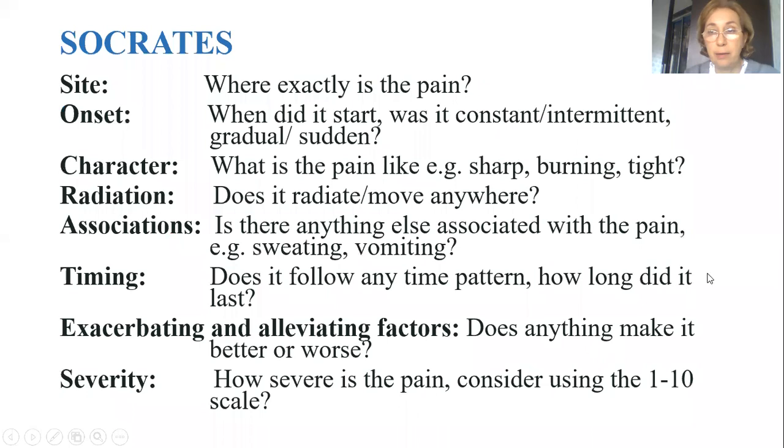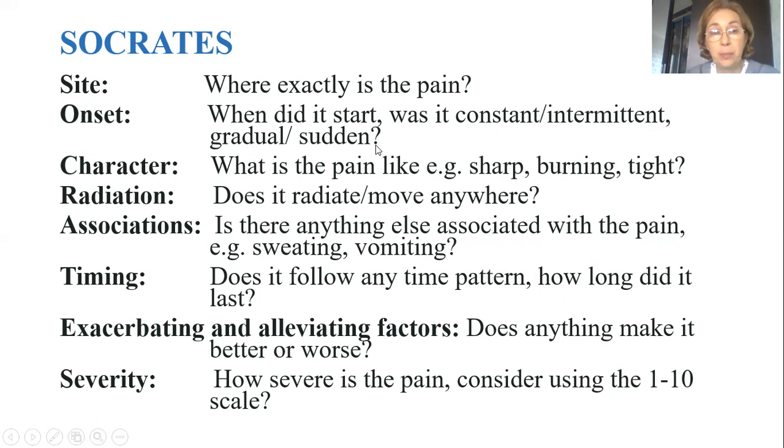Well, these are just some options, possible questions. About site: where exactly is the pain? Onset: when did it start, and was it constant, intermittent, gradual, or sudden?